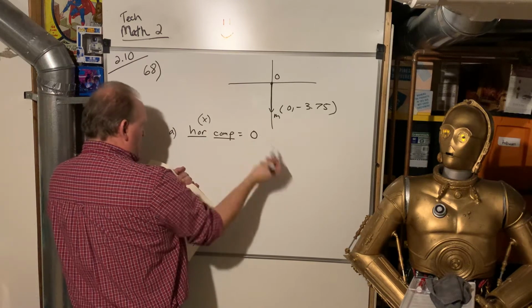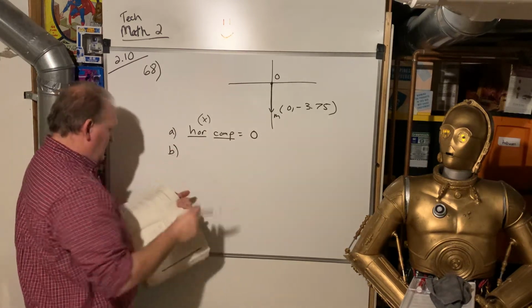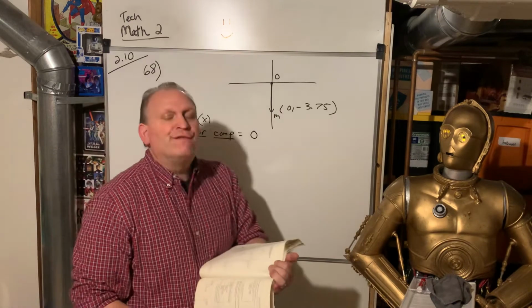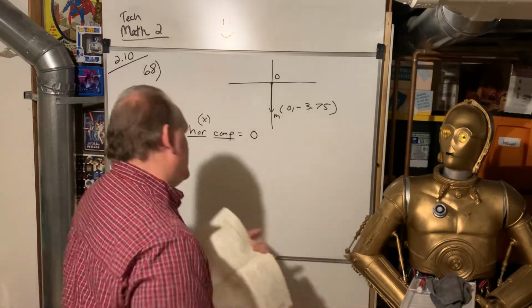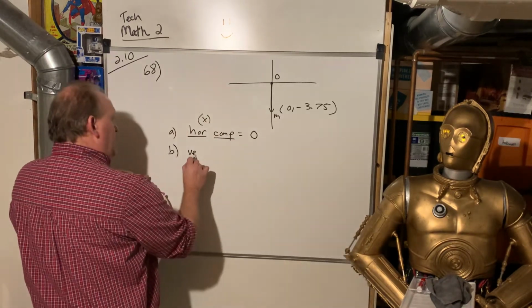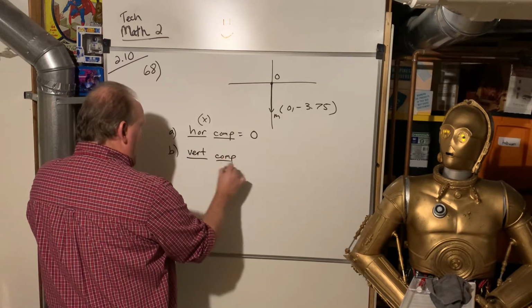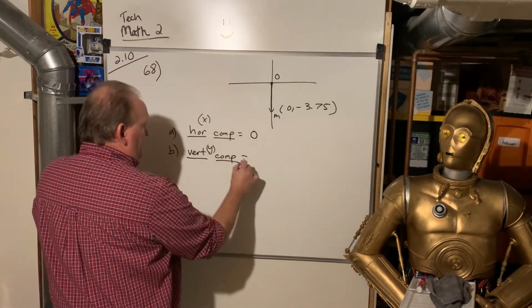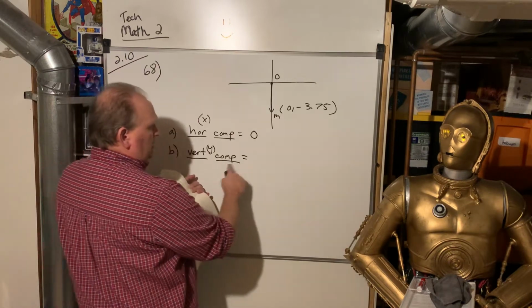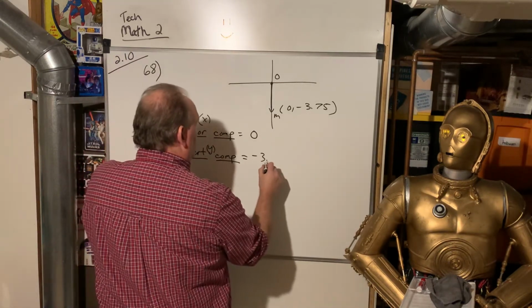And that's 0, okay? Next thing, find the vertical component. Just a fancy way of saying y, the y coordinate. So the vertical component is negative 3.75.